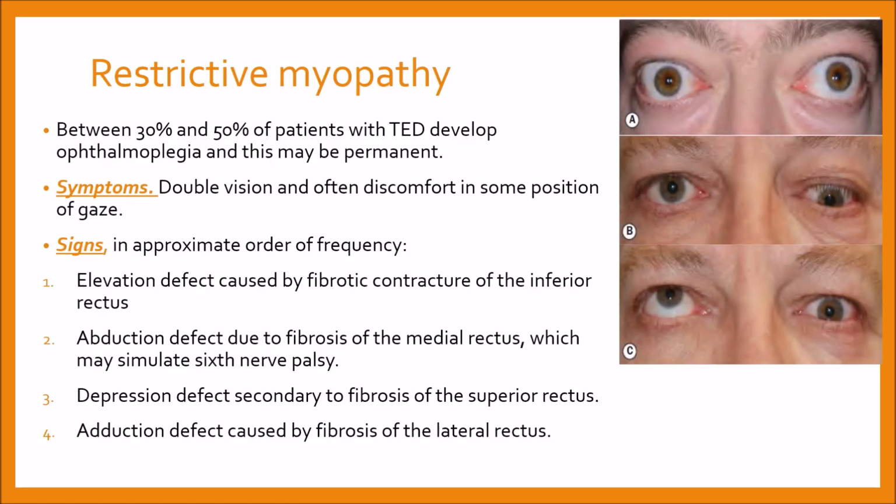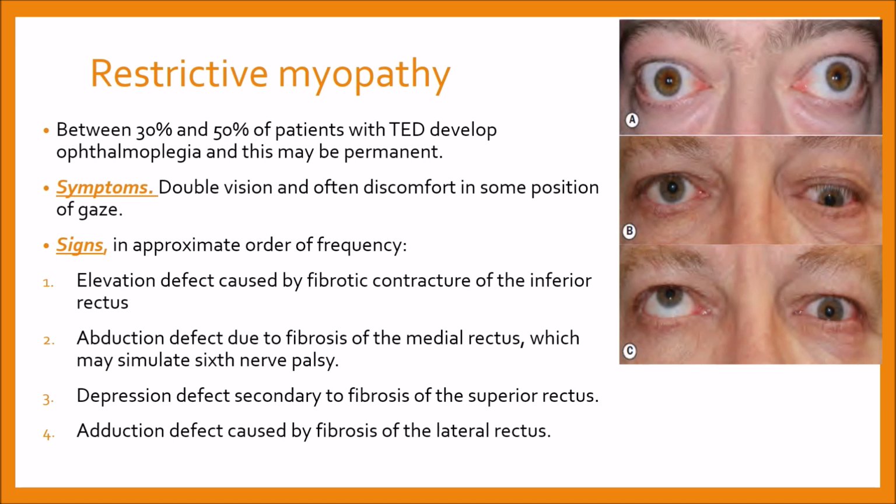Then comes restrictive myopathy. Between 30% and 50% of patients with thyroid eye disease develop an ophthalmoplegia, and this may be permanent. Ocular motility is restricted initially by inflammatory edema and later by fibrosis. Symptoms include double vision and often discomfort in some positions of gaze.